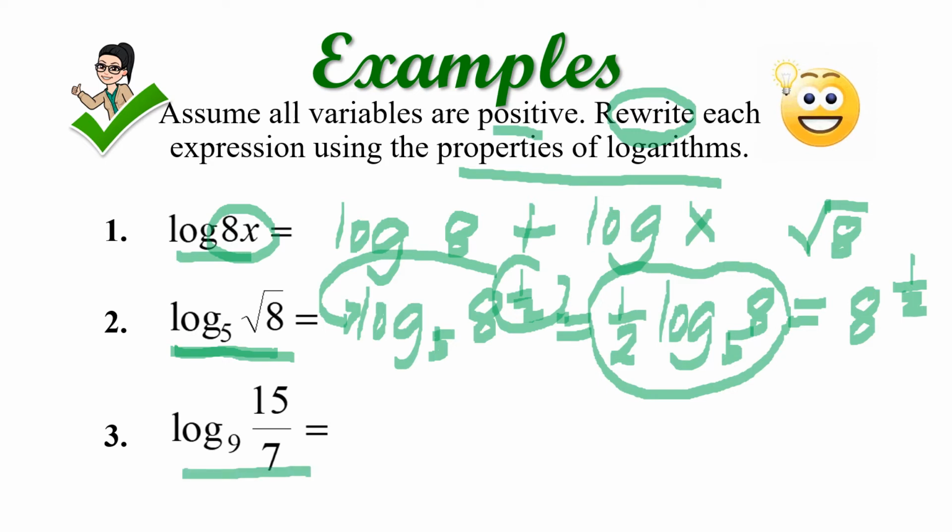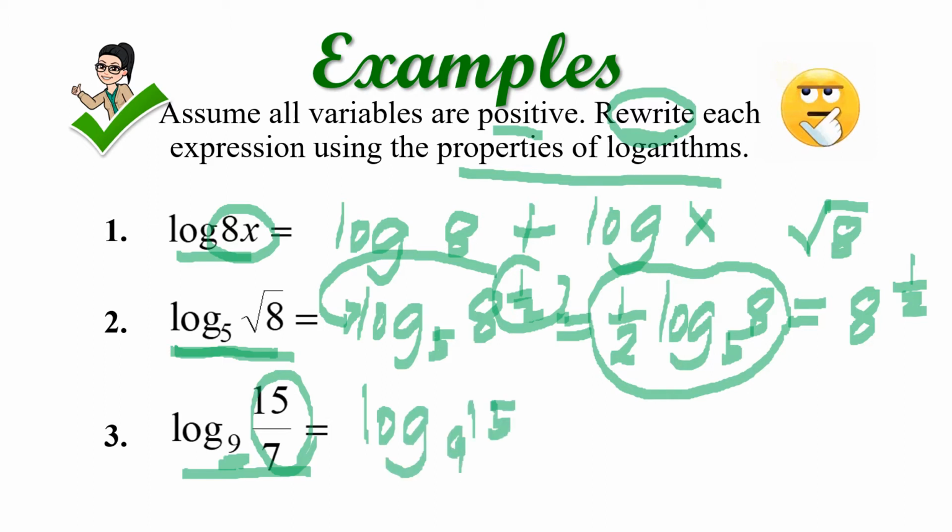Next, number 3, logarithm of 15 over 7 to base 9. So there is division here. The counterpart of division is subtraction. So this will become logarithm of 15 to base 9 minus logarithm of 7 to base 9. So that's all about these three examples, and we were able to apply all three properties of logarithms.